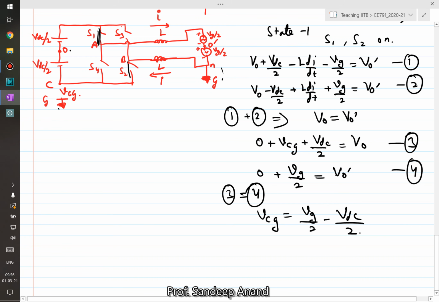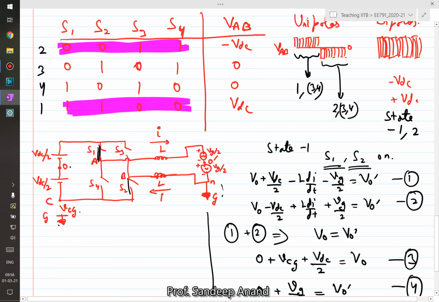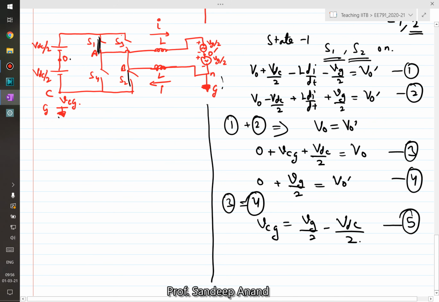What does it mean? It means that the parasitic capacitor voltage when switches S1 and S2 are on is given by this expression. Now what if we operate in some other states? Let's say now we are operating in state number 2, that is switches S3 and S4 are on.